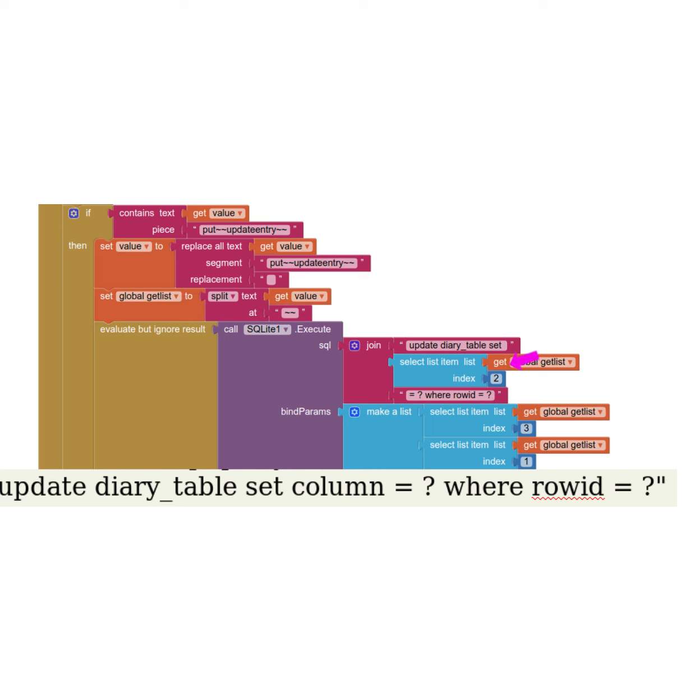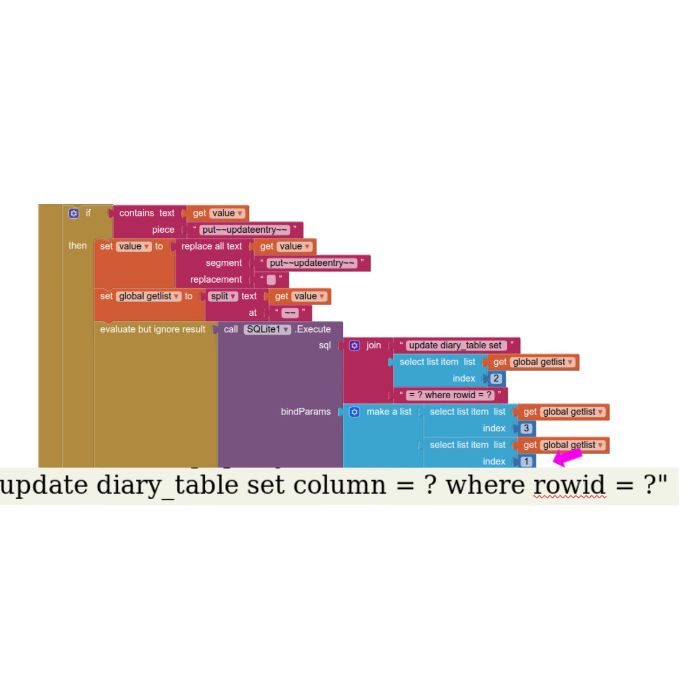This time we need to construct the SQL query to include the name of the column, so that the SQL query becomes update diary table set column equals question mark where row ID equals question mark. We also have to construct the parameter list to be a list with just 2 values, the first item being the content, the second being the row ID.